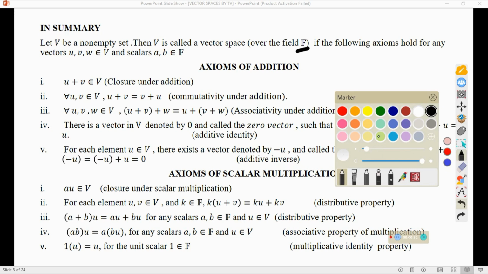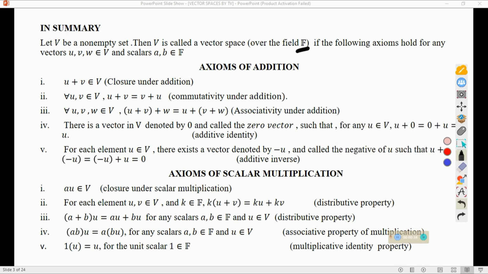We talked about 10 axioms that must be satisfied for any elements picked from a given vector space V and for scalars picked from a given field F. Basically, we talked about axioms of addition and axioms of scalar multiplication.